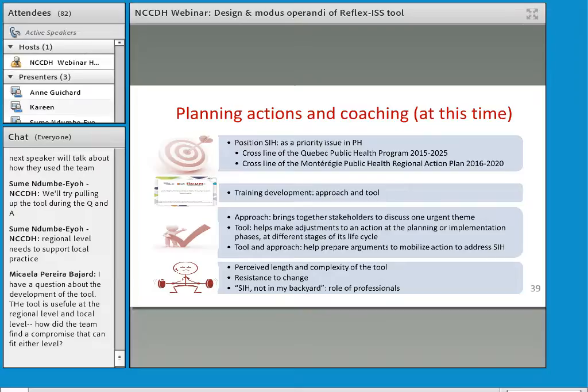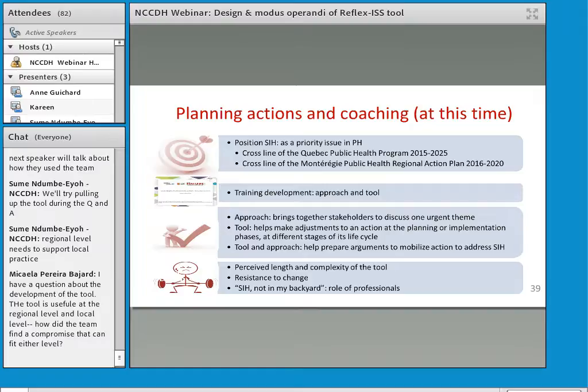We also developed a training on the reflexive approach and on the tool. That was something major we did last year to try to really equip our actors in this field.